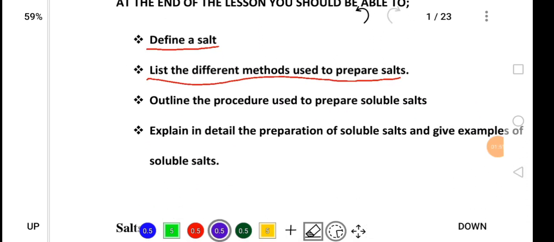A third important objective is for you to be able to outline the procedure used to prepare soluble salts. So today we are going to be discussing how soluble salts are prepared.